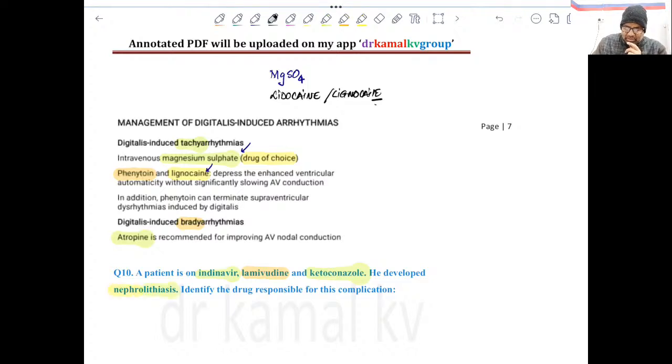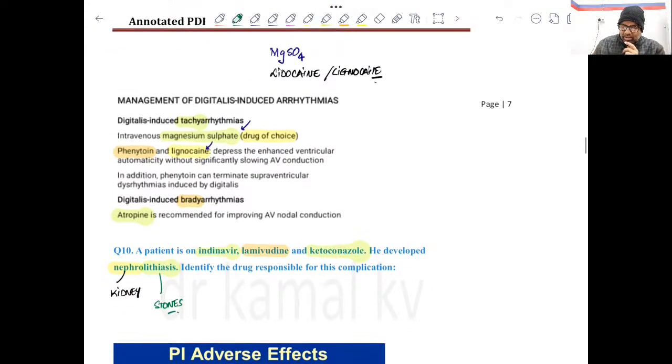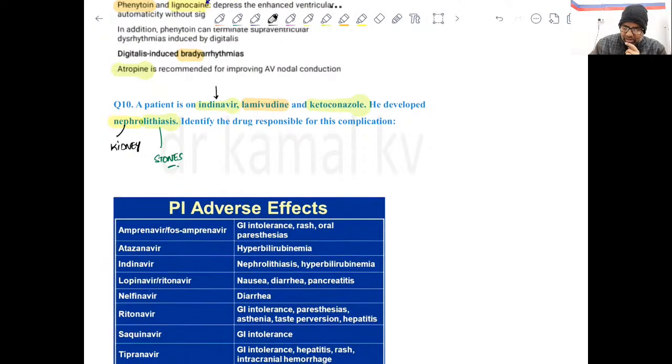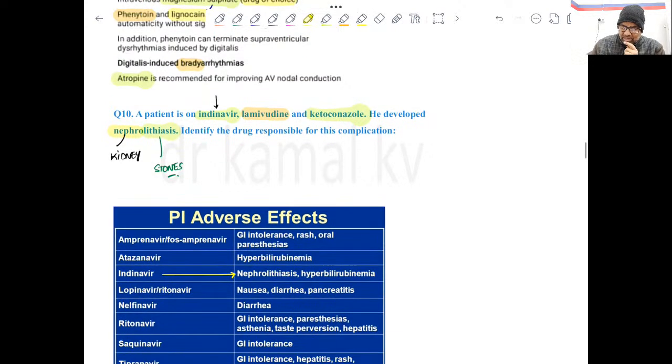Nephro means kidney, lithiasis means stones. Now, which drug is responsible for this? Remember that indinavir has a high possibility of causing nephrolithiasis.